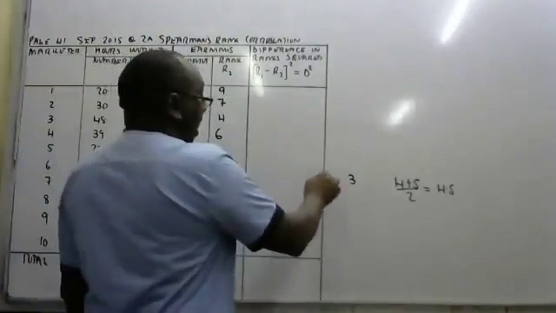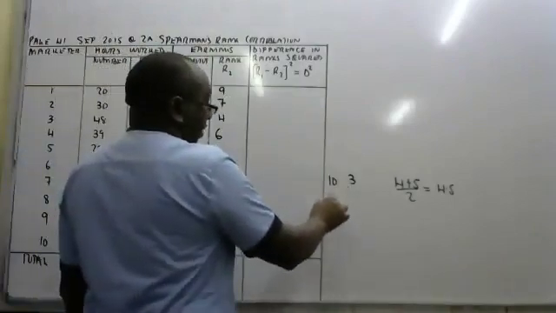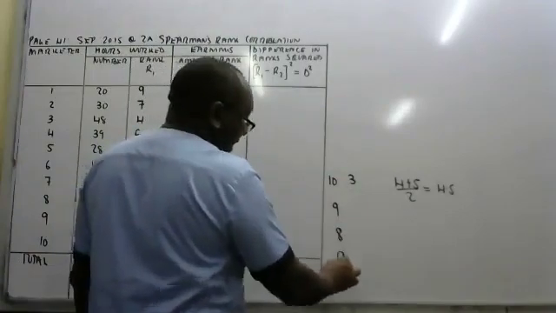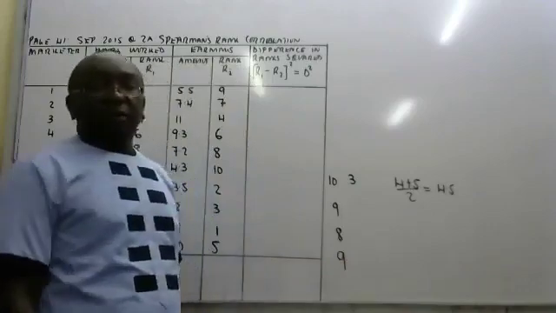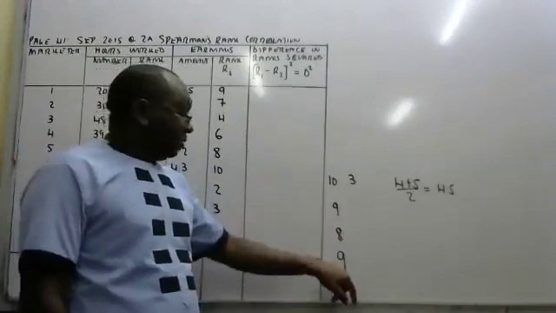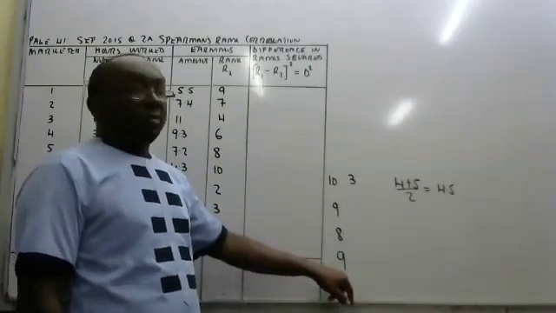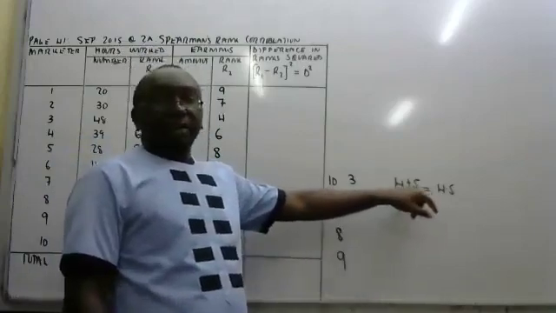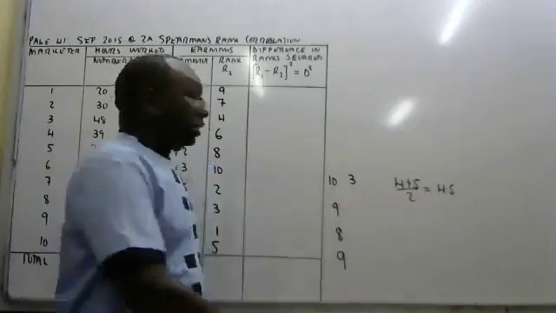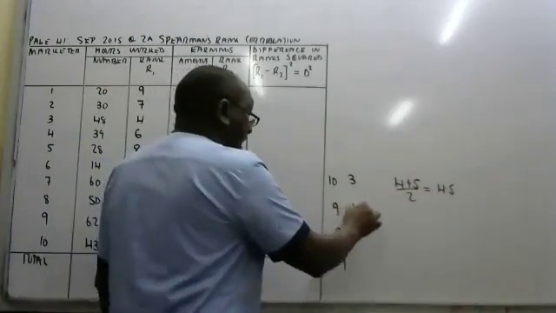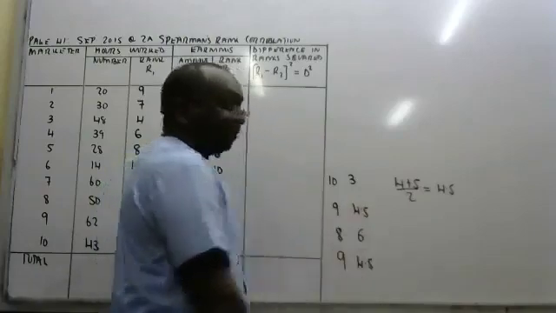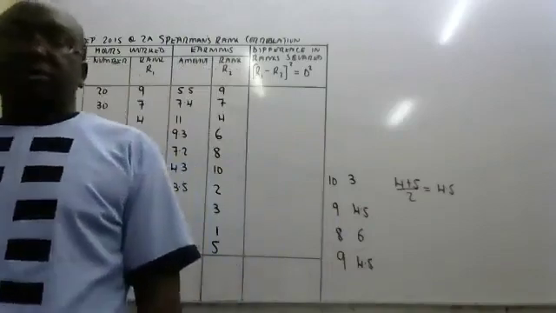Same here, you are looking for who will be number 4, and you realize that this 9 is the same as this other 9. So their positions will be 4 and 5. You add those two positions and divide by 2. So this one you give 4.5, and this one 4.5, and this one now will be number 6.